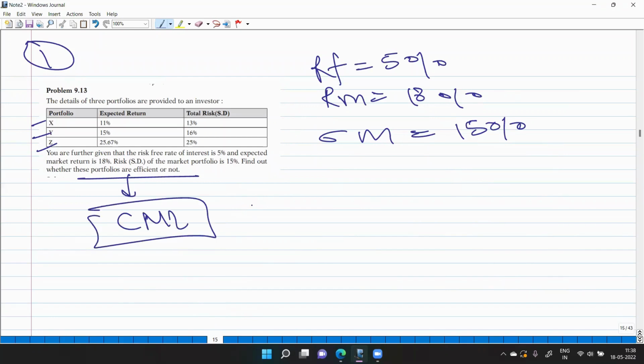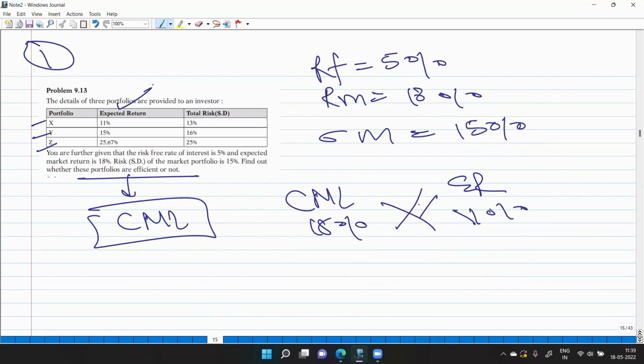If the CML return comes out to be equal to the expected return, I will say that these are efficient portfolios. If it comes out to be below the expected return, okay, let's say your CML return is coming out to be 15%, whereas your expected return is 11%, then this particular portfolio will not be efficient.